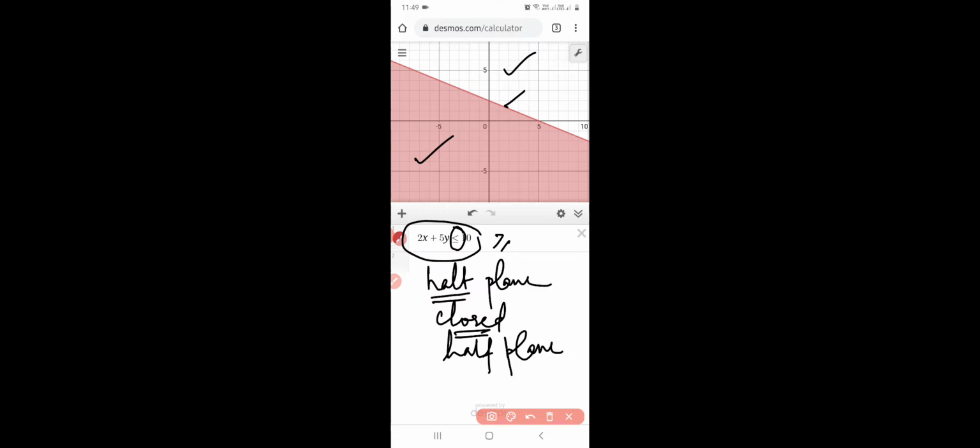So now let us check what happens when I replace the inequality with a greater than or less than type inequality. So let me just replace this by less than type. The moment I replaced it by less than type, see what happened. The straight line became dotted.